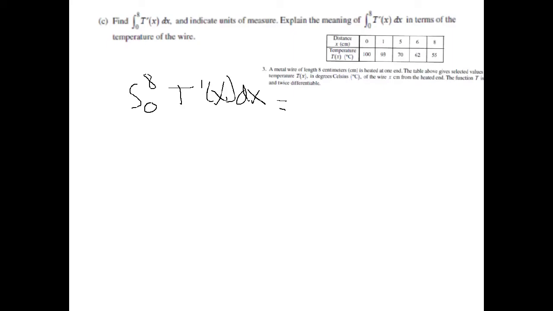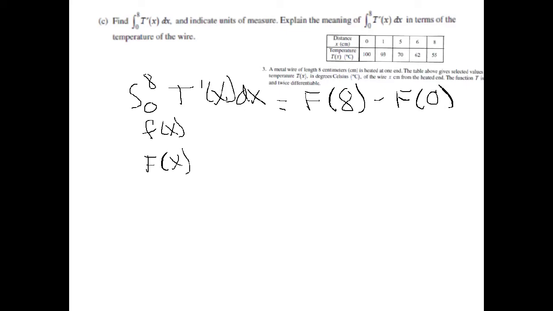I know that this is going to be equal to some big F of 8 minus some big F of 0, where this big F is the antiderivative of T prime. When we learned the fundamental theorem of calculus, we said there's some little f of x, and the antiderivative is big F of x. Well, in this case, little f of x equals T prime of x.